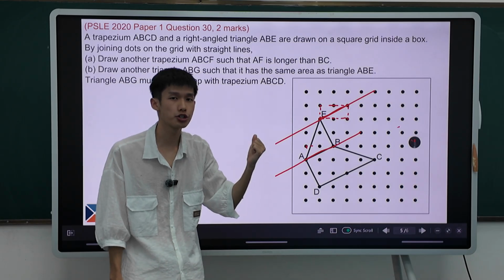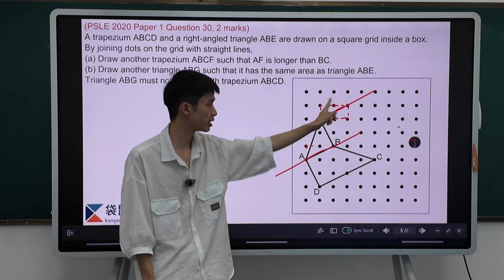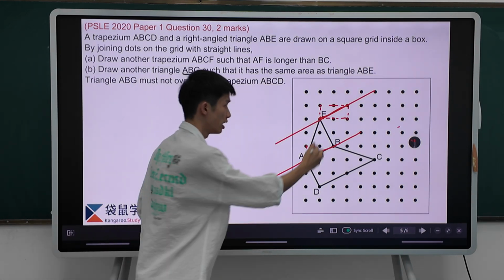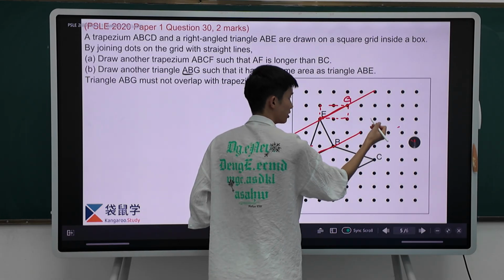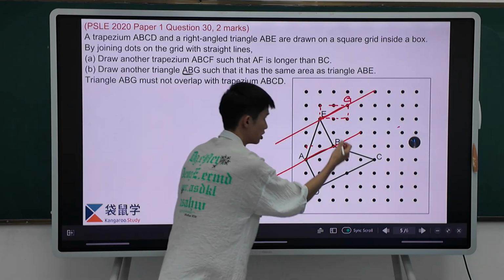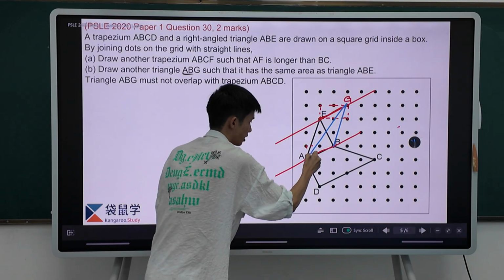So where can be the possible G point? Yes, anywhere inside these parallel lines. So which point will be the G point? Actually, this one can be the G point. And if we're connecting it using a blue pen, we have GB and GA.